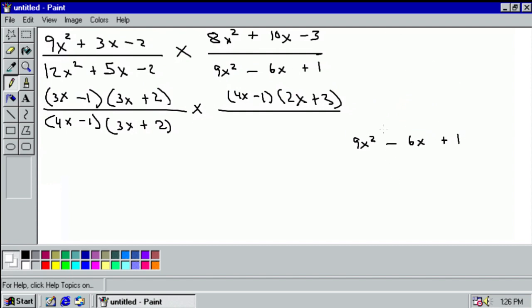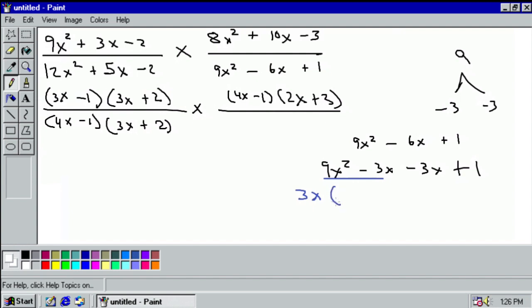So 9 times 1 is 9. What are the factors of 9 that add up to negative 6? That would be negative 3 and negative 3. So we can change this into negative 3x minus 3x plus 1. Then our GCF is 3x. 9x squared divided by 3x is 3x, and negative 3x divided by 3x is negative 1.